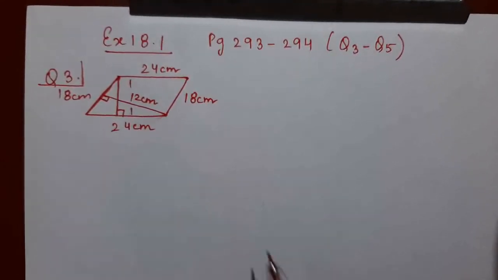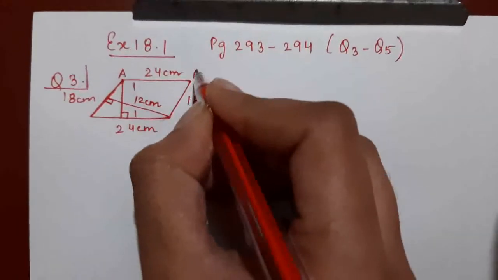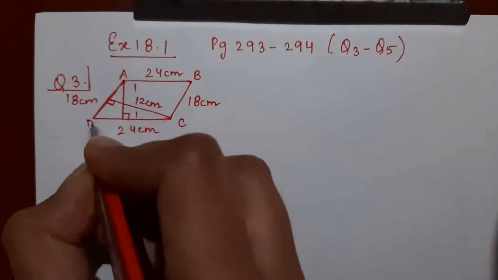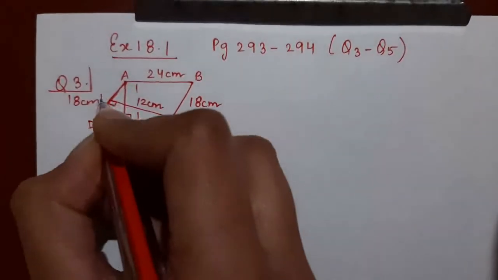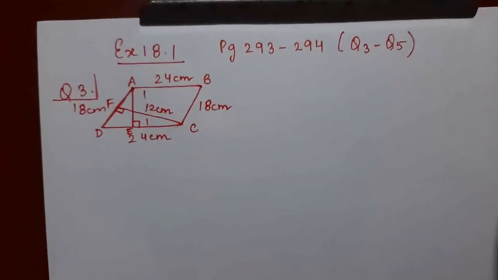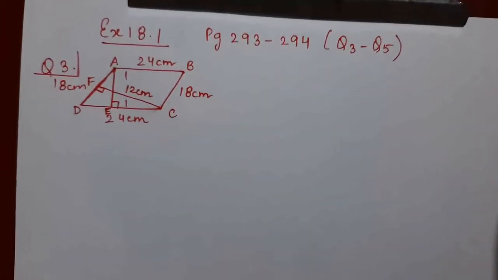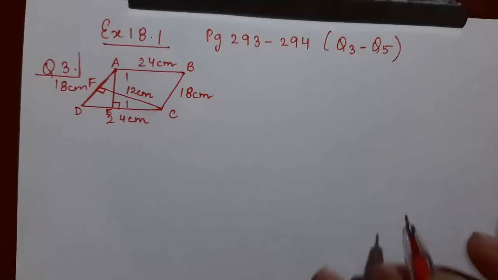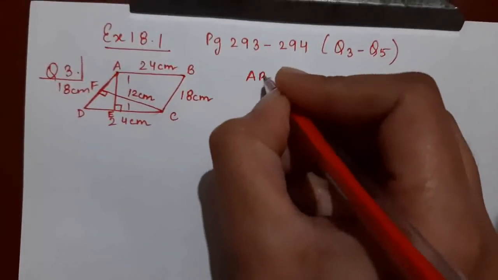Okay, so I am naming this parallelogram as A, B, C, D, and these points as E and F. So we have the measurement of AE, but we do not have the measurement of CF. So we have to find the measurement of CF.